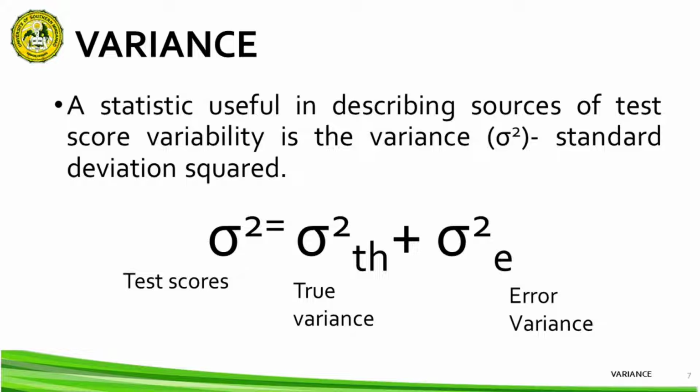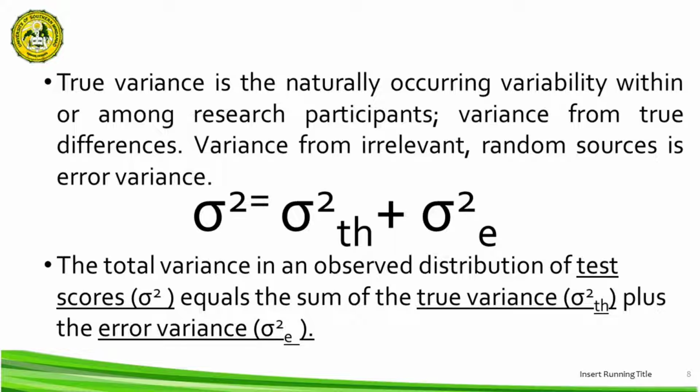A statistic useful in describing sources of test score variability is the variance, or the standard deviation squared. True variance is the naturally occurring variability within or among research participants. So, variance from true differences, yung totoong ikaw.